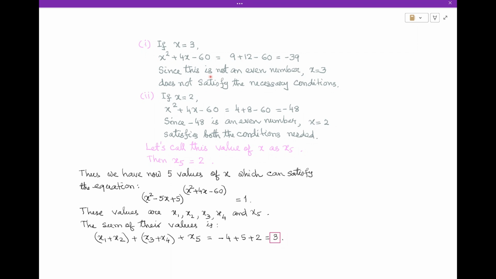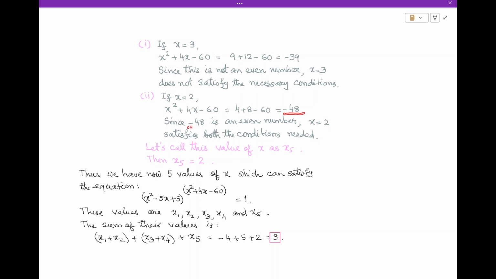Since this is not an even number, x is equal to 3 does not satisfy the necessary conditions. The second value of x, that is x is equal to 2, let us see what happens if we put that value in the second equation. The second equation is x² + 4x − 60. That becomes 4 + 8 − 60, and that is −48.